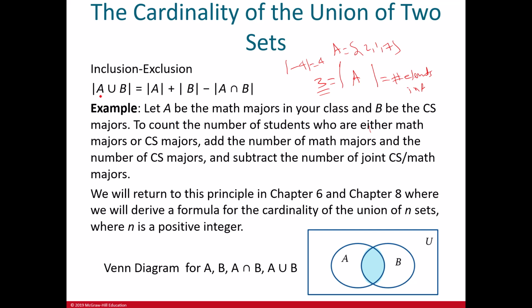So now we know this is the set union, a set that consists of elements from A or B, and here we want to know how many elements. The rule says the number of elements of the union is equal to the number of elements in A plus the number in B, subtracting from that the common ones.